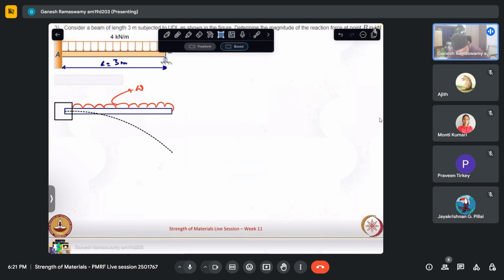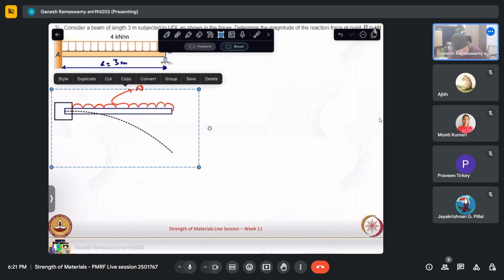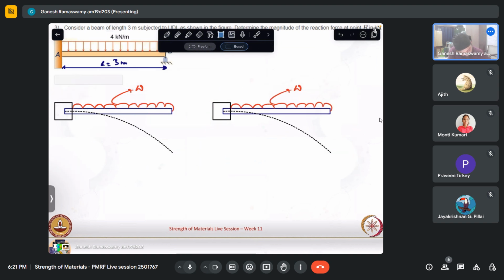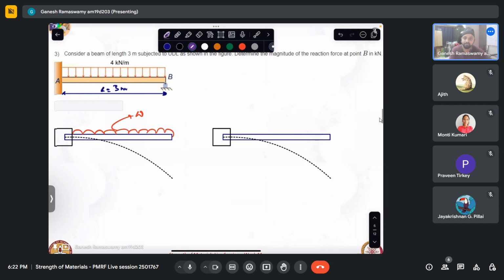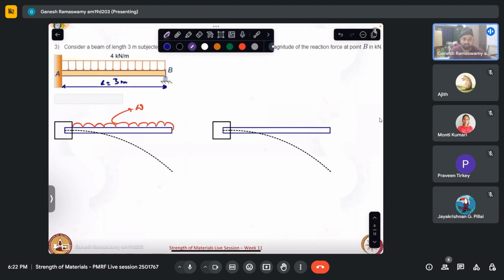Whereas if I were to take the same structure, I'll just remove the UDL from here, and let us say that instead of the prop being there, the prop is providing some reaction at that point. So let me actually add that reaction like that, as an external force. Let RB be that reaction.